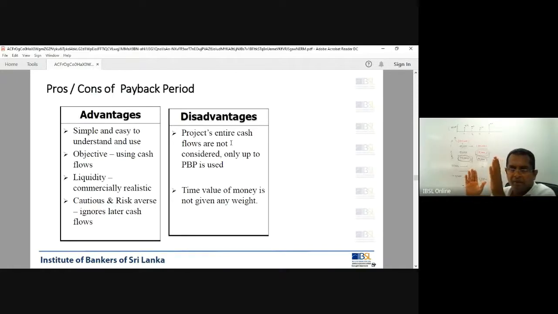We are risk averse. We don't bother about the cash flows after the payback period. As soon as we recover our investment, we are happy. Disadvantage, project's entire cash flow, maybe the project life is 10 years.